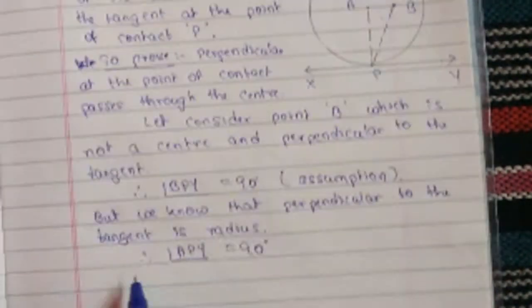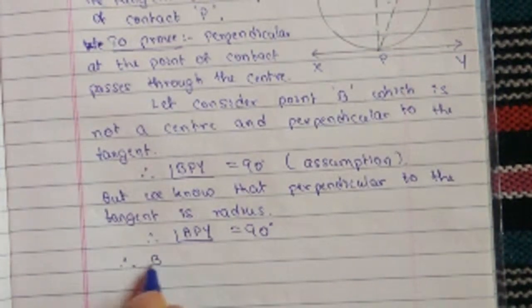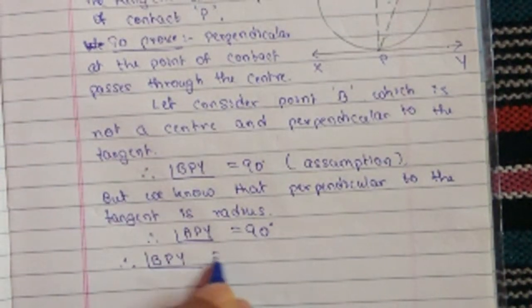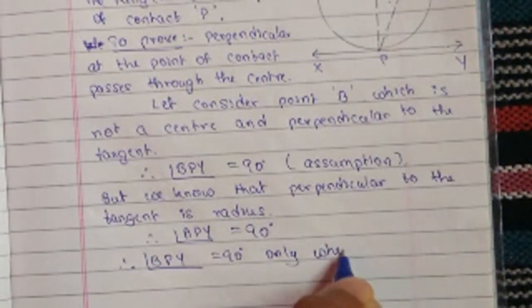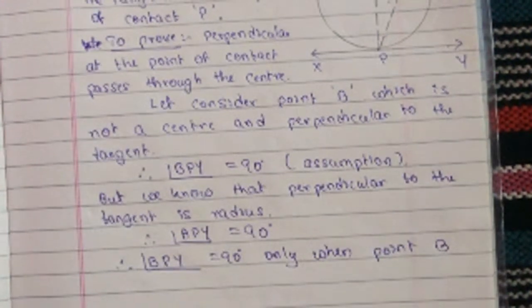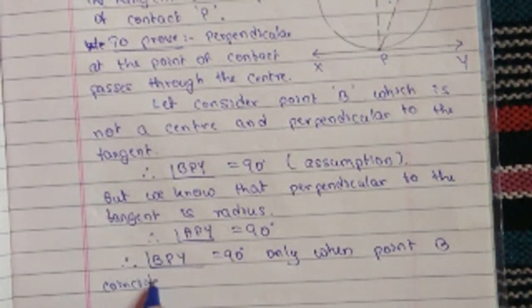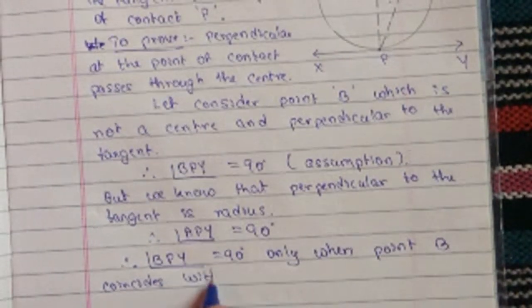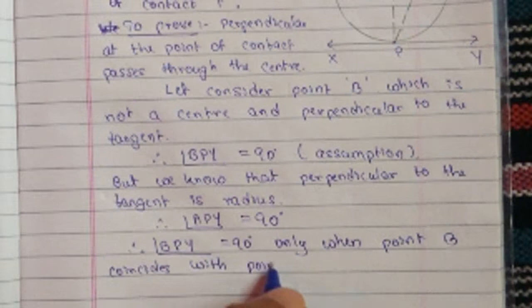So therefore, angle BPY equals 90 degrees only when point B coincides with point A.